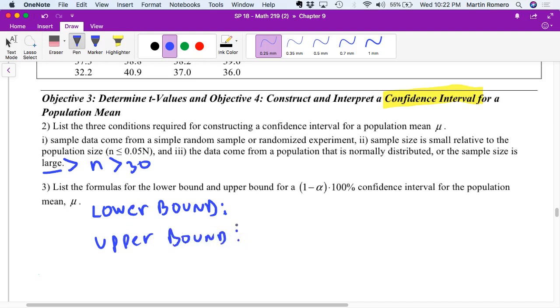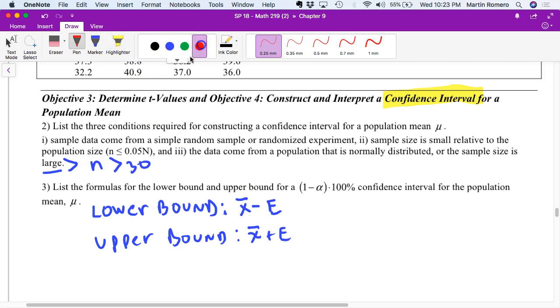So if I ask you for a confidence interval, construct it, calculate it, you have to calculate two values. And those two values are the lower bound, which comes out to be the point estimate minus the margin of error, and then the point estimate plus the margin of error. And so that's what we're dealing with.